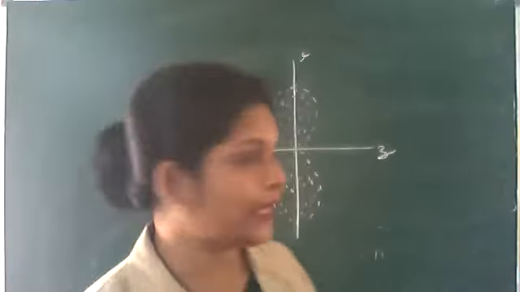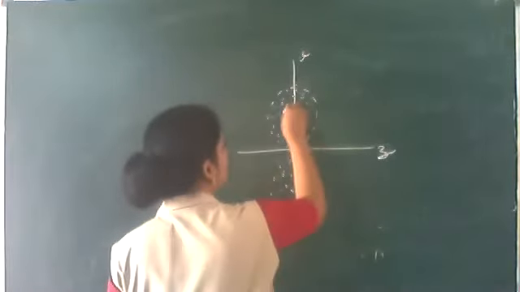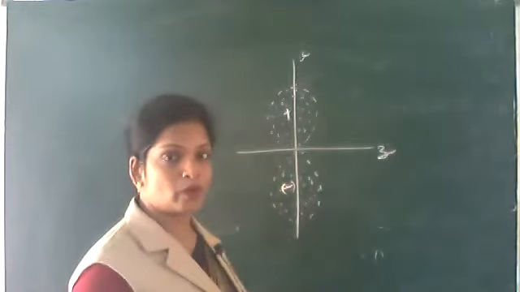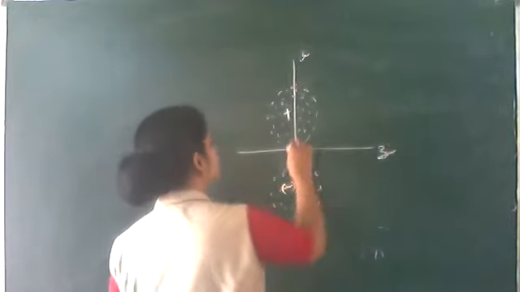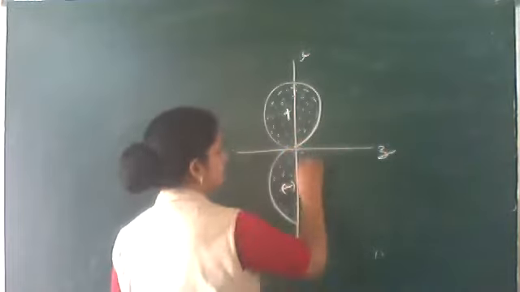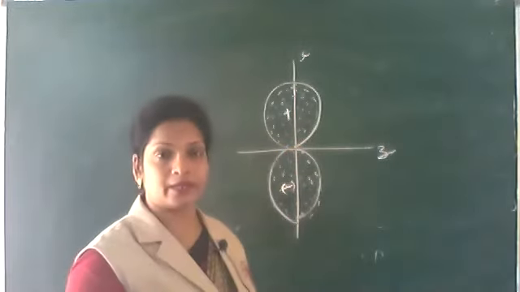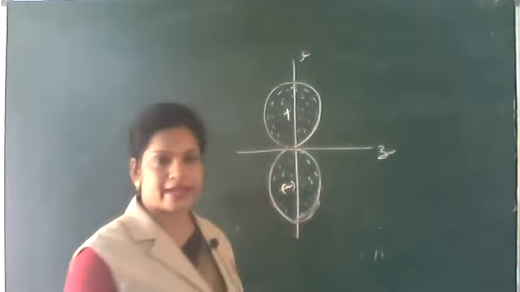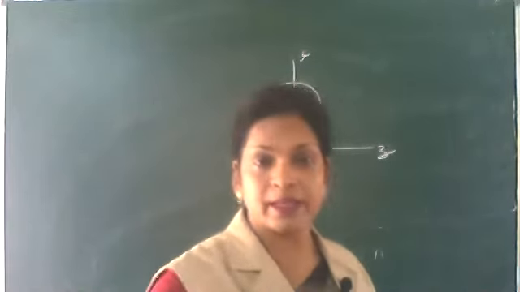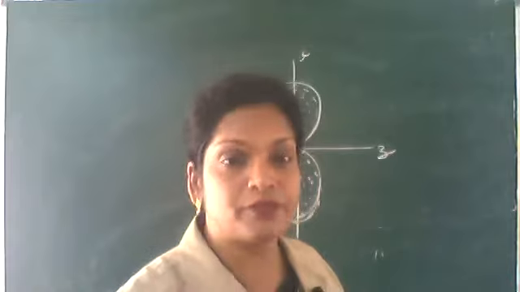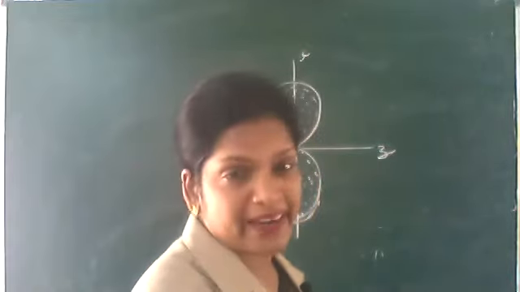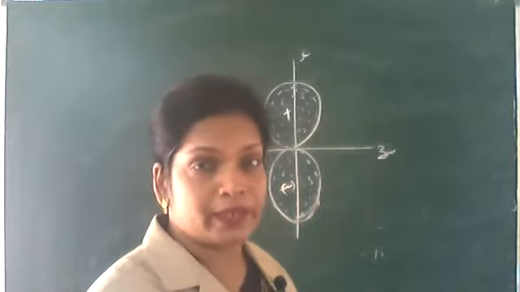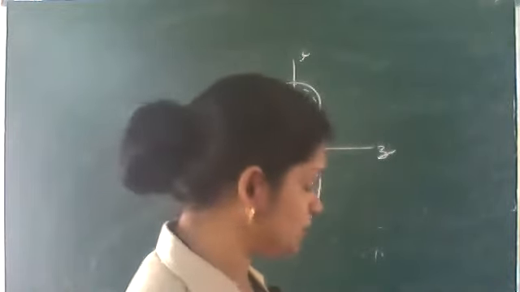So this is Px. One lobe is positive and the other lobe is negative. Do not draw like this because this is a cloud, electron density. So it does not have visible clear boundaries. It is in the diffused state, spread, no clear boundary.